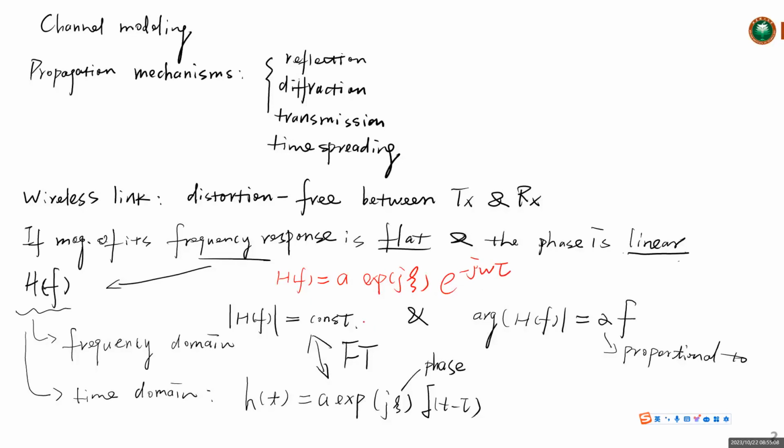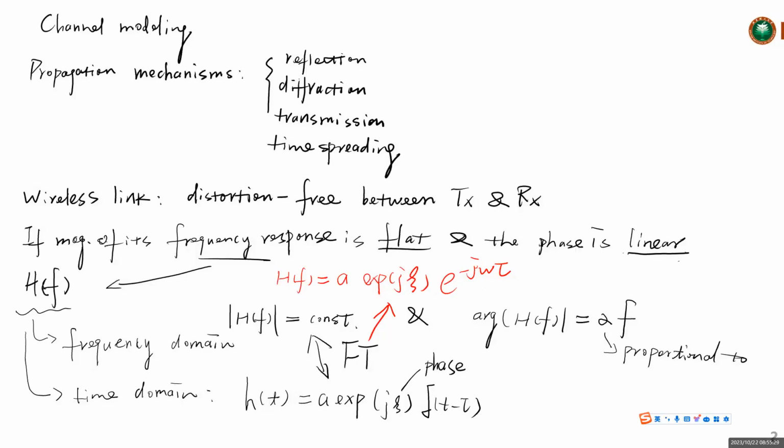This is the Fourier transform relation between these two. According to this function, we can see that a distortion-free channel is fulfilled.